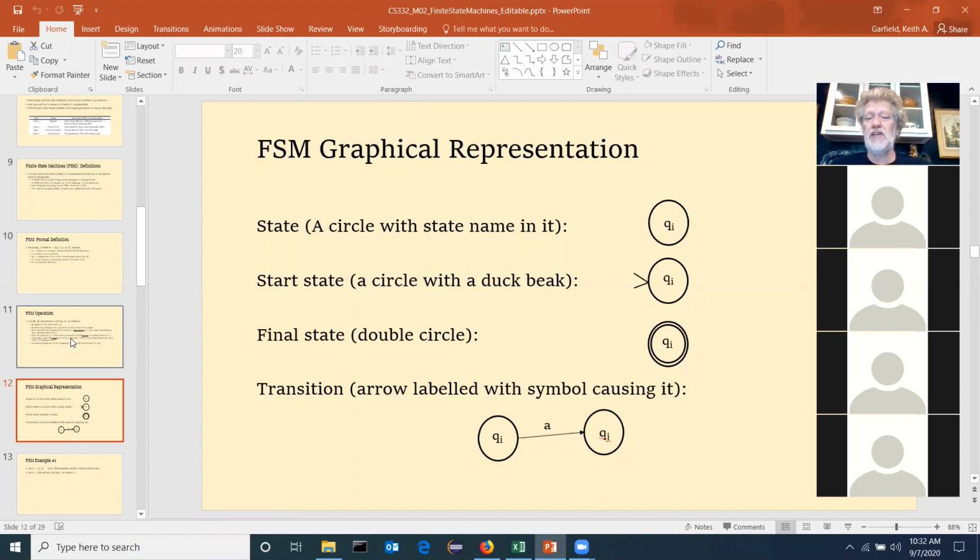So in the bottom there, if I'm in Q sub I, and the next symbol I'm supposed to process is an A, then it will take me to Q sub J. So the graphical form of the machine is telling me that I'm supposed to go from QI to QJ if I'm processing an A. And again, those of you that took CS222, and some of you saw some version of this in CEC220, the formatting may be a little bit different.